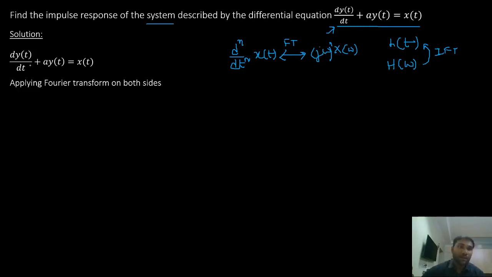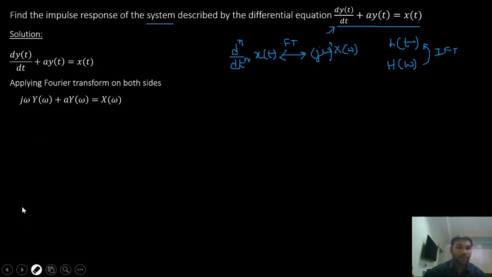Now here I have d by dt of y of t. So Fourier transform of d by dt of y of t is j omega into y of omega. Then a is a constant. Fourier transform of y of t is y of omega, and Fourier transform of x of t is x of omega. Right?